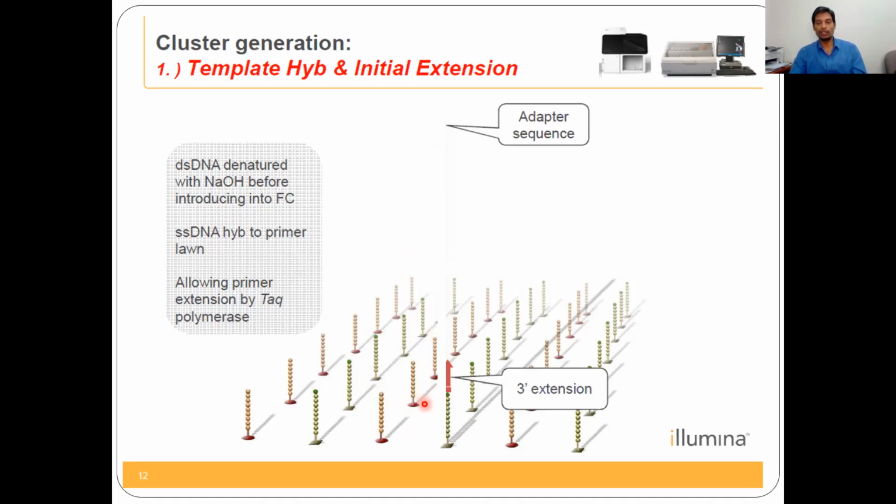So when you introduce the single-stranded DNA, after sodium hydroxide denaturation of the DNA library produced in the first step of Illumina sequencing, it will hybridize to the primer lawn based on complementarity, allowing primer extension by DNA polymerase.